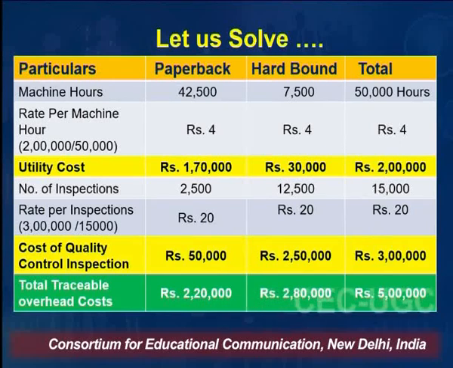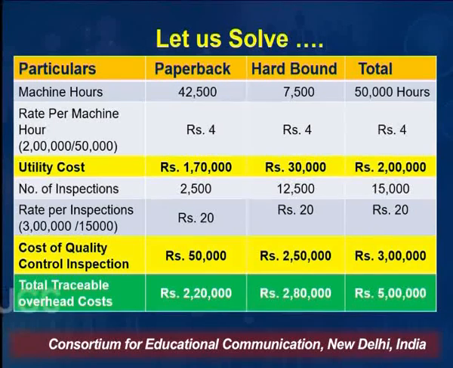So 2 lakh rupees of total cost divided by 50,000 hours will give me the rate per machine hour, which is rupees 4. And this rate per machine hour shall remain the same for both the situations, whether you work for paperback or for hardbound. So 4 rupees we have written, and eventually for total also it will remain the same.